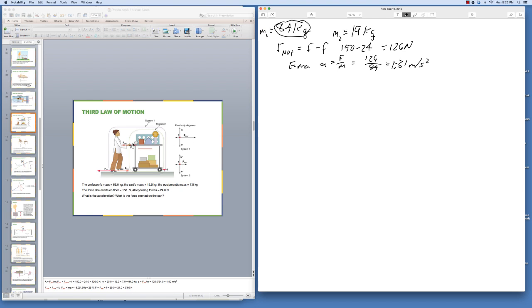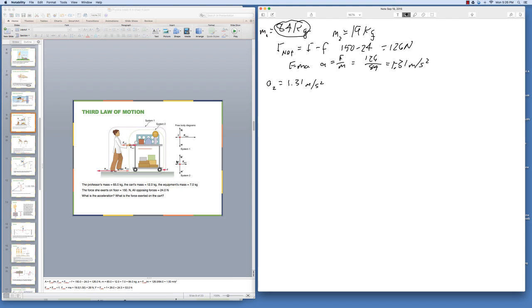Now the second question is, what is the force exerted on the cart? Okay, now the force here is in the second system. Now this cart has to be moving at the same acceleration, so the acceleration is the same. So in the second system, the acceleration is 1.31 meters per second squared.